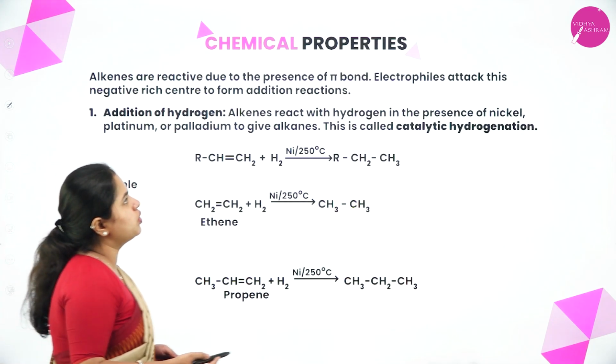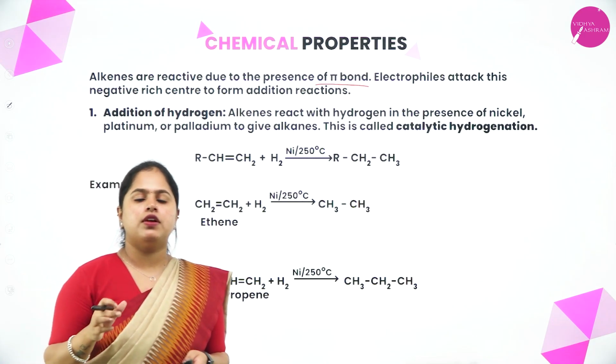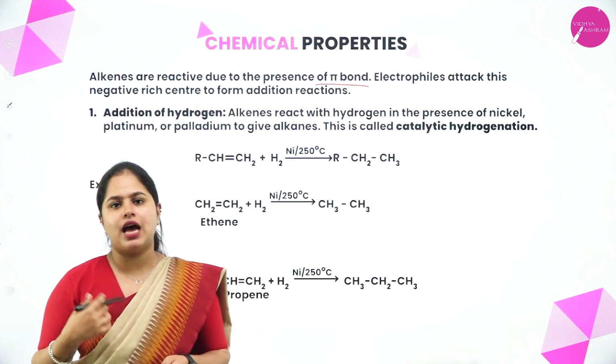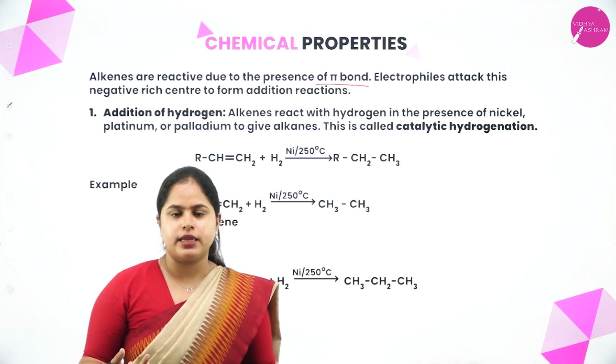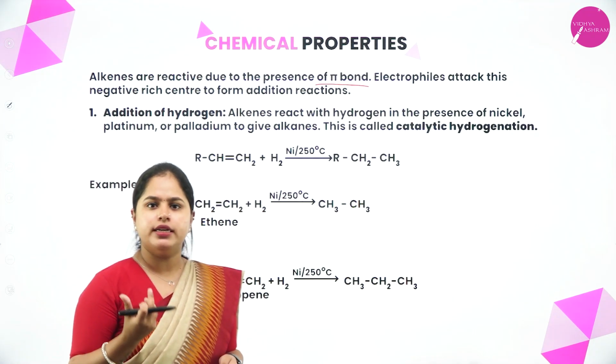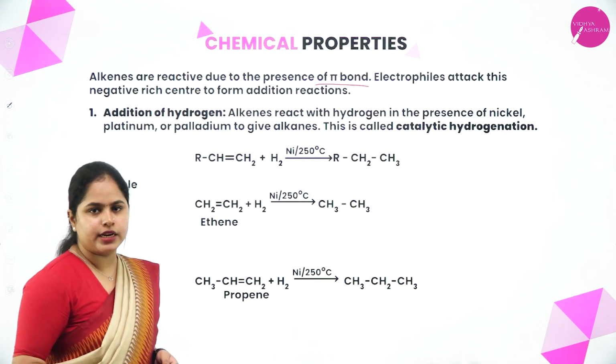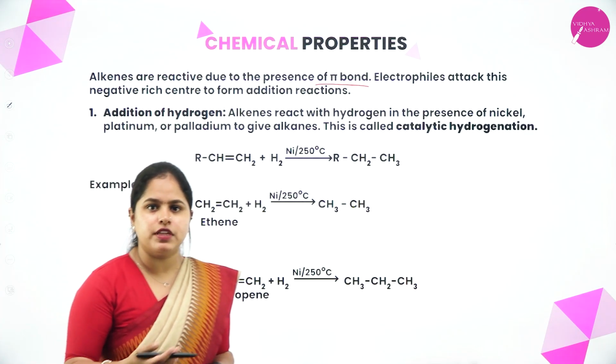Alkenes are reactive due to the presence of the pi bond. Already we have discussed this when we studied the introduction to alkenes. Alkenes contain double bonds, right? They are unsaturated hydrocarbons which contain at least one double bond. And due to the presence of this pi bond or pi electrons, they are more reactive than alkanes.